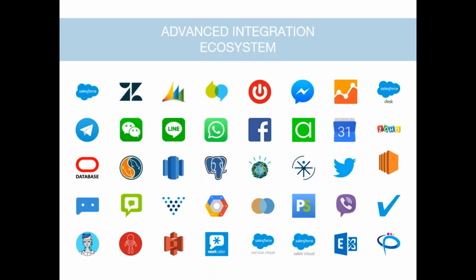And then we also have this advanced integration ecosystem. So you'll see there's a number of different integrations that we have, and we're always adding more. Now, another thing that's very important is we're about to release an embeddable HTML widget. So what this means is we can have an agent desktop in any web-based application, such as a custom CRM.